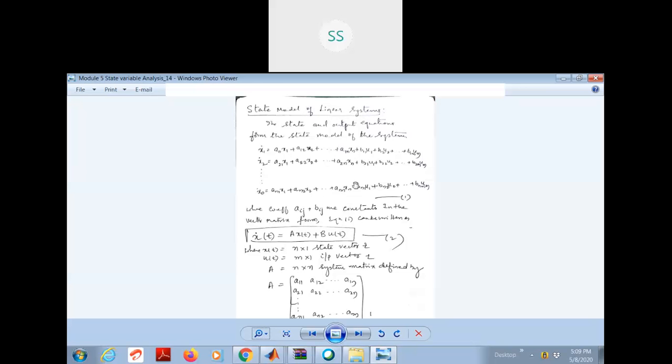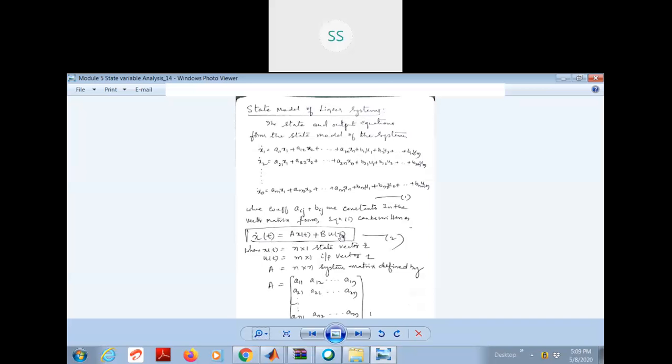Therefore, this complete set of equations can be represented in the form of a matrix. As we were discussing, x dot of t includes all x1 dot, x2 dot up to xn dot, that is, n number of rate of change of state variable elements. This is equal to matrix A into x of t, where x of t are the state variables, plus B into u of t, where u of t is the applied input.